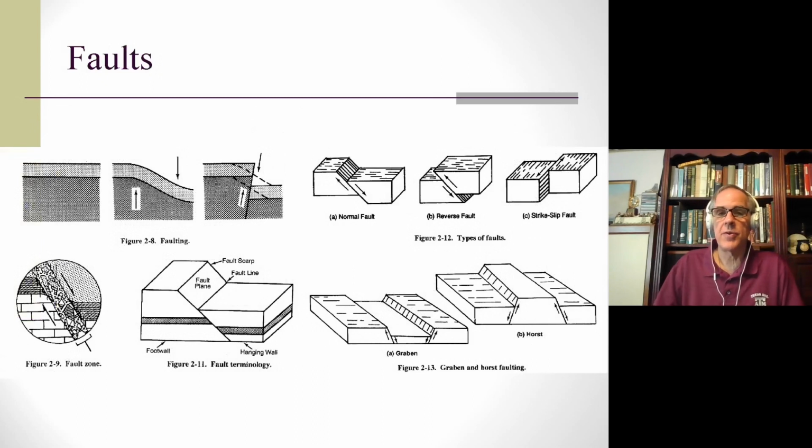Faults, of course, are in some ways the fault line of this whole thing, I guess. Basically, it's where a stratigraphy base has an abrupt change, and there are all different types. Generally speaking, when fault lines move one against the other, you have an earthquake.